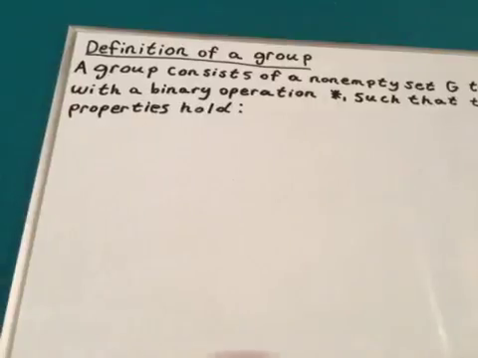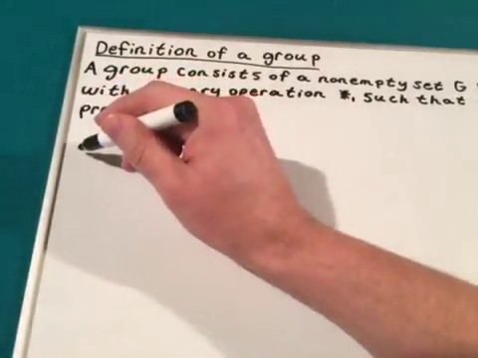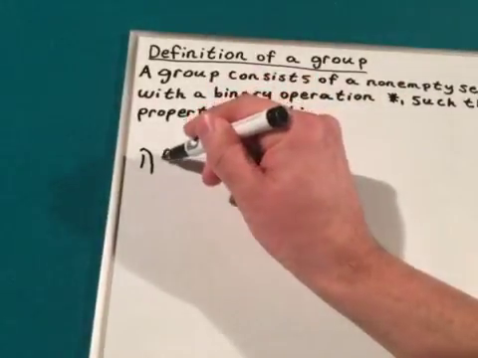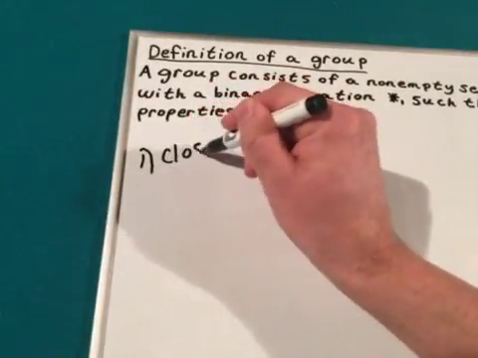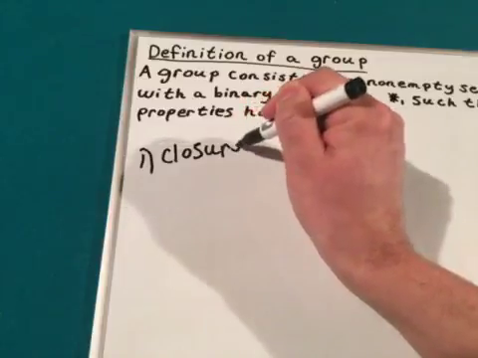What are these properties? Well, the first of which is closure. What does that mean?